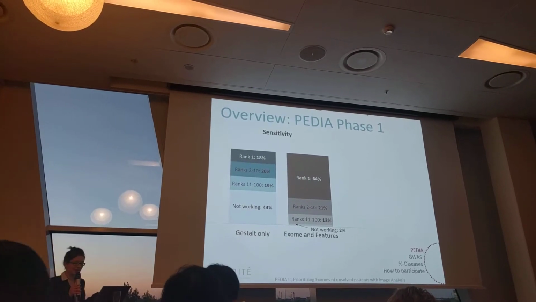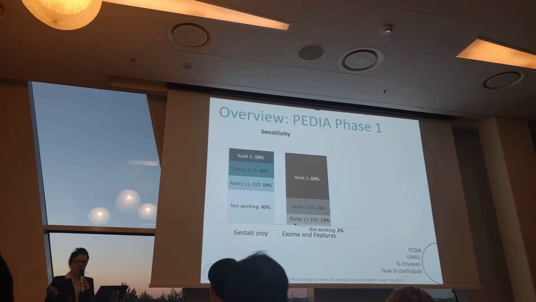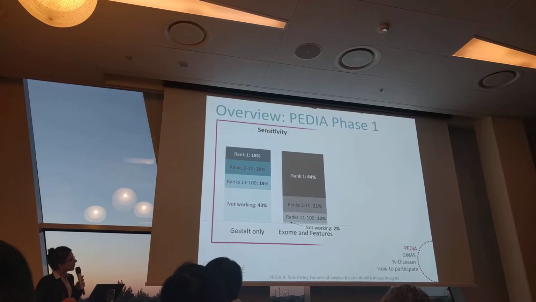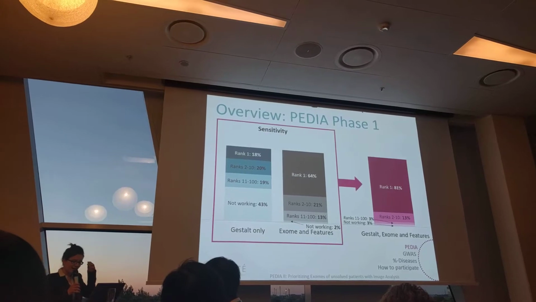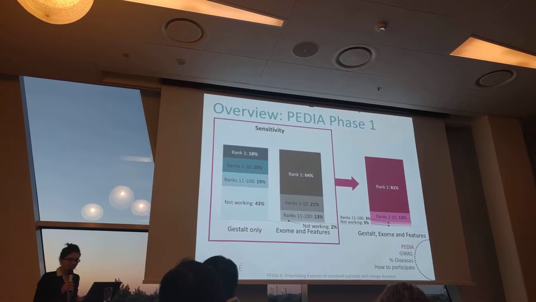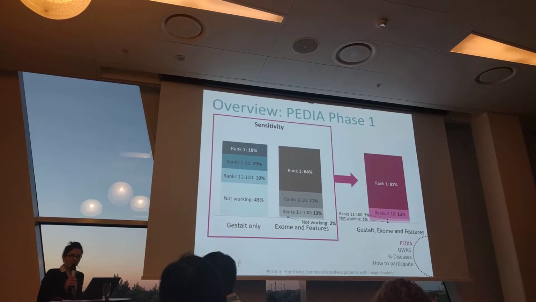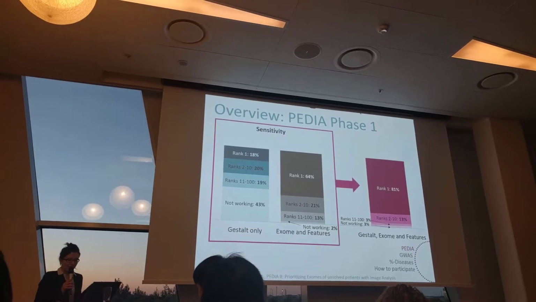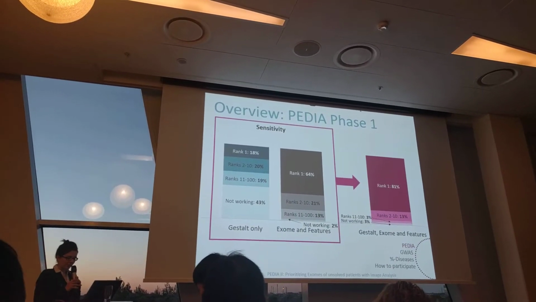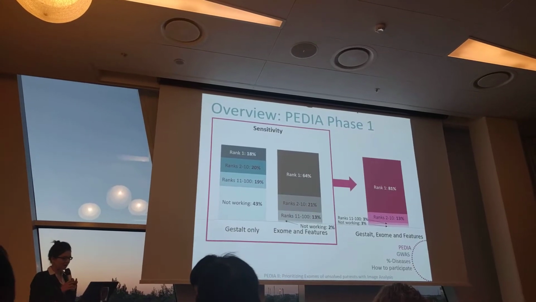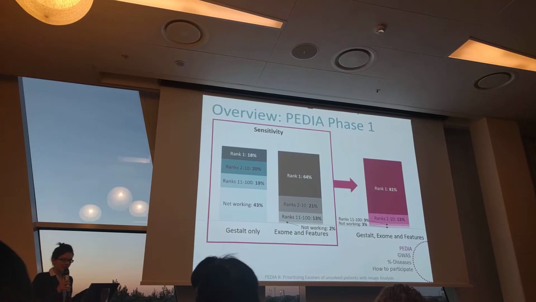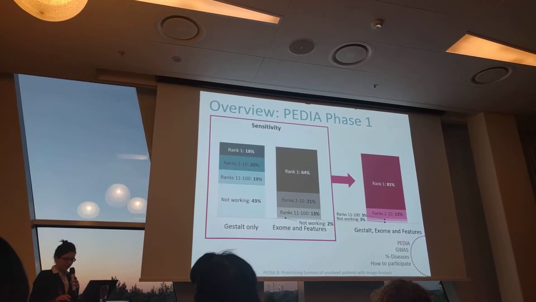But the interesting part is now the combination of all these three branches and how they perform, and we see it here. It's very surprising how the results increase. Even though the Gestalt score on its own is not yet performing so well, the patient's photo seems to contain significant additional information that is valuable in the diagnostic workup.